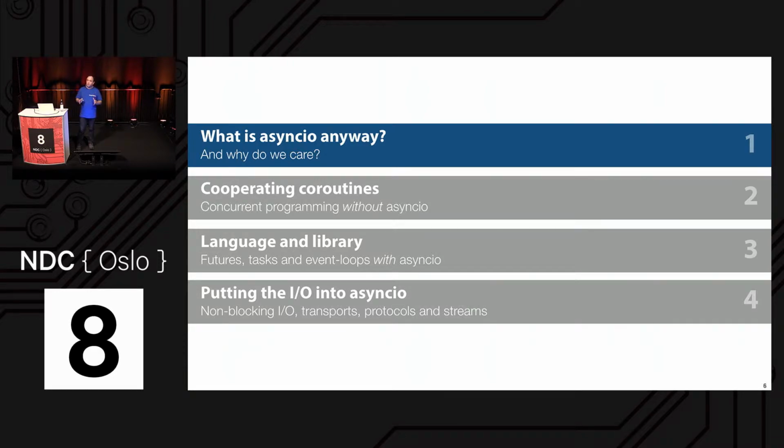We'll just try to explain coroutines, and in fact we're going to build something in Python that is equivalent to what the modern Python language gives us, but we're going to build it from the ground up, from first principles, without using async I/O. We're just going to do it from scratch as a learning exercise. Then we'll move on and look at what the language and library gives us in Python, and then only at the very end am I going to get onto the actual I/O aspect, and we'll plug all this together. And if we have time at the end, I'll finish with a quick demo.